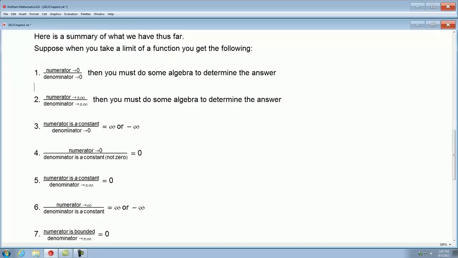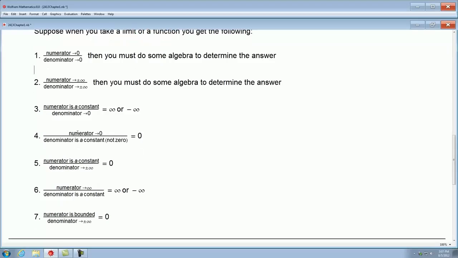But if your numerator is a constant, like let's say the number 4, and your denominator is going to 0, then the ratio is getting huge, it's getting large. The denominator is getting small, the numerator is staying fixed, and so you are either going to get positive or negative infinity from that. It'll depend on the problem itself whether you get positive or negative here.